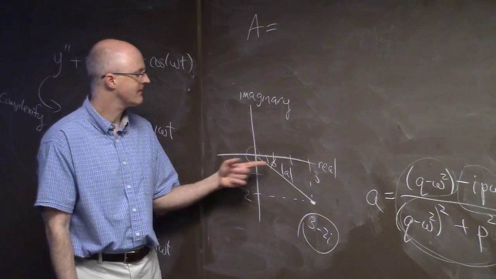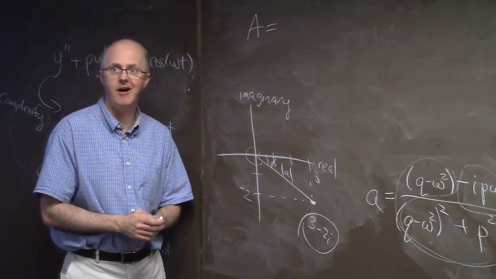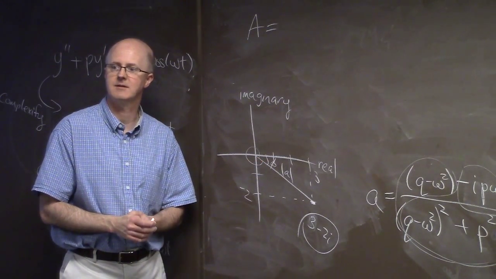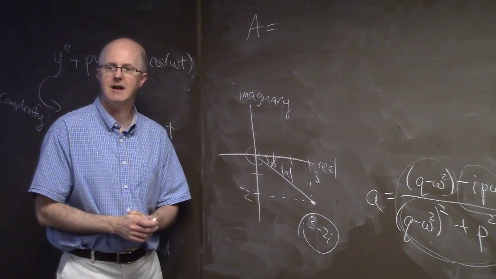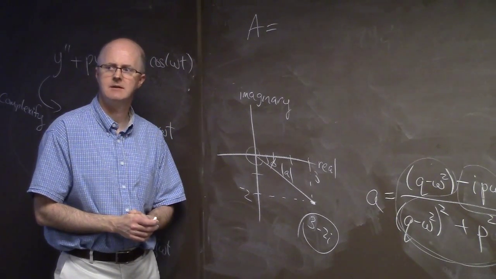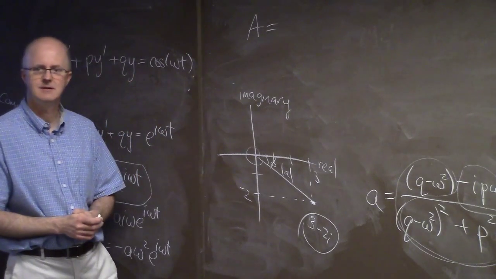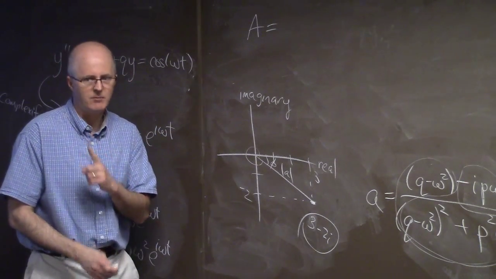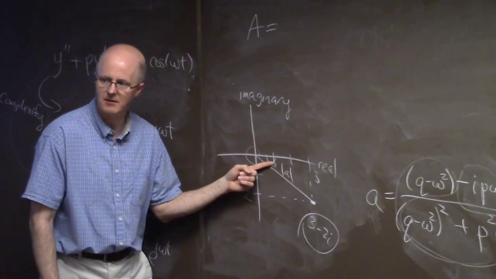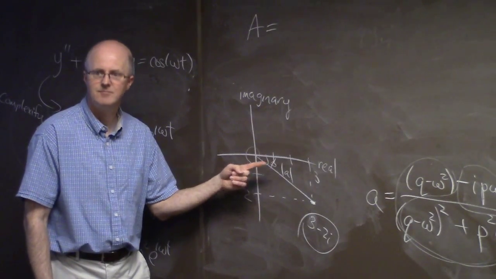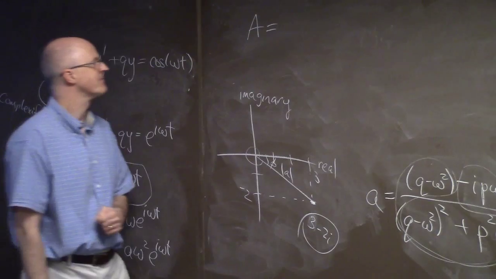That angle is called an argument of the complex number little a, but I probably won't use that word again. I'm not guaranteeing it, but probably at least one more time. It's called the argument of the complex number. Just think of it as the angle.